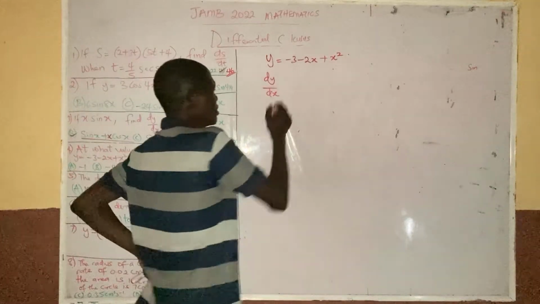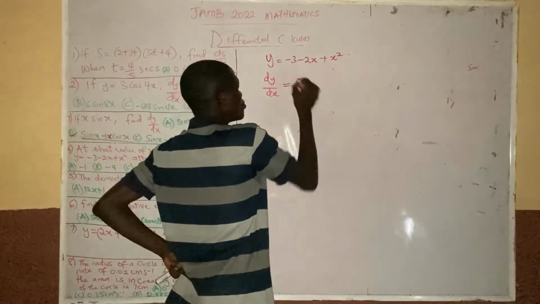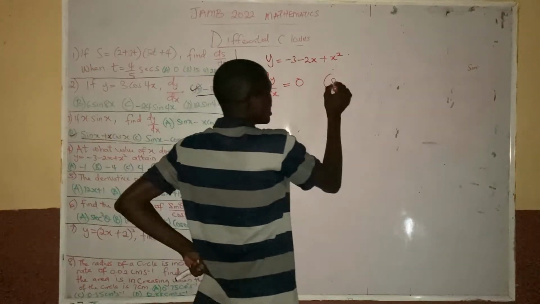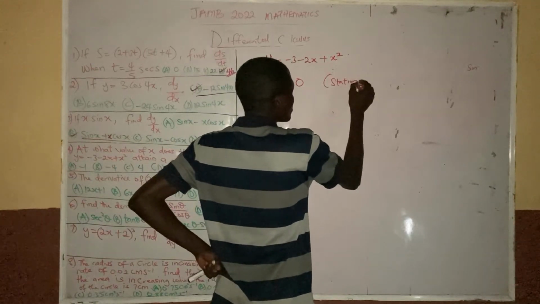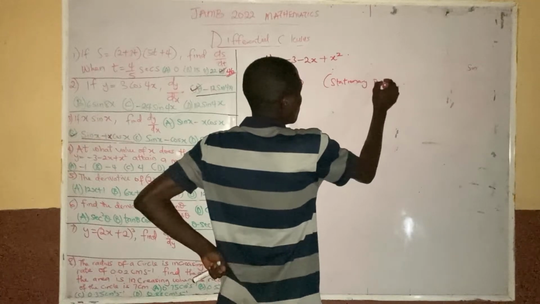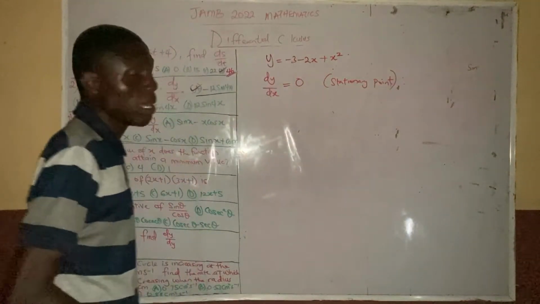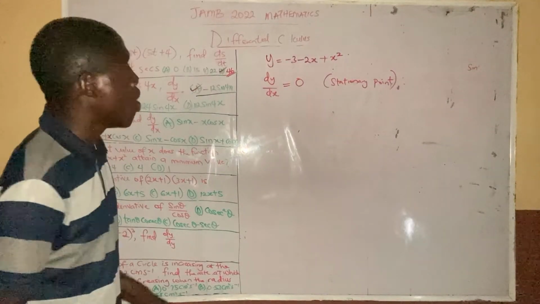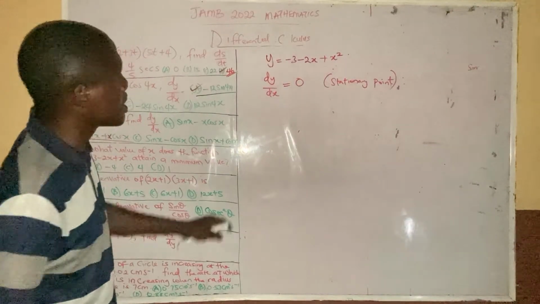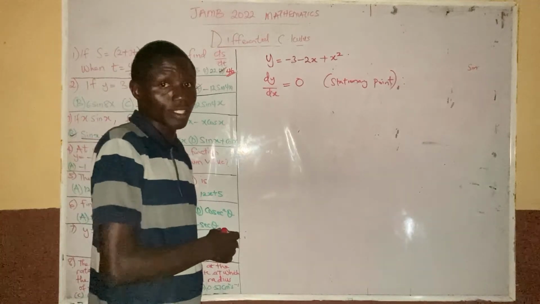You equate it to 0 to get your stationary point. So you have to differentiate it, equate to 0 and get your stationary point.